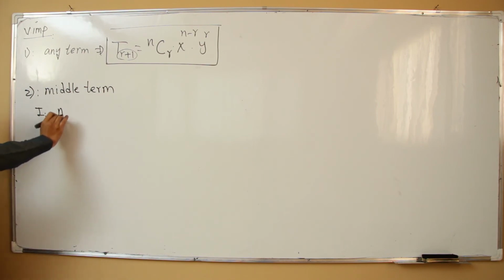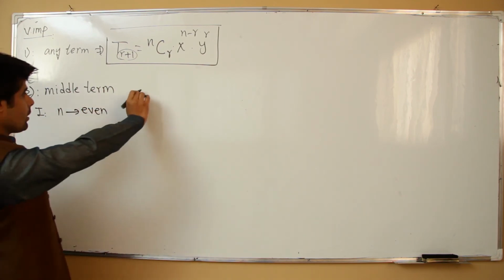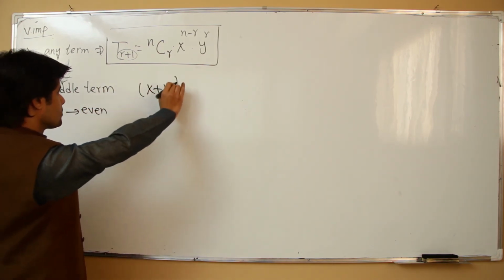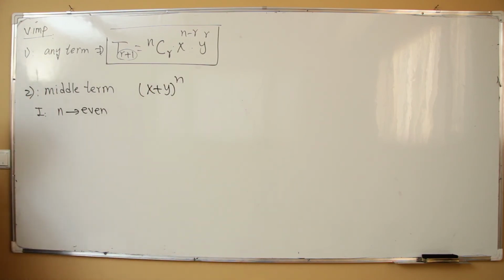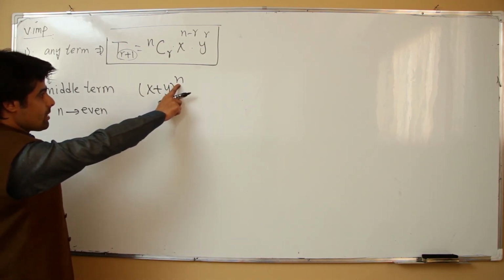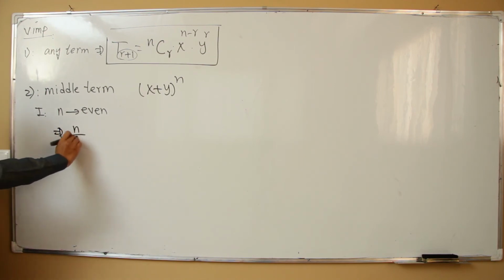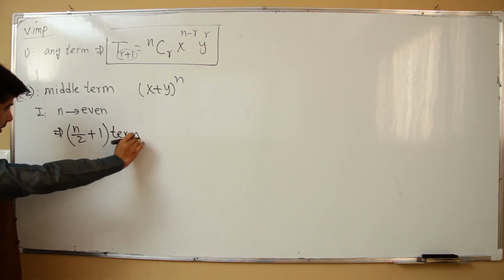First, if n is even, in the binomial x plus y raised to the power n, if you want to find the middle term, then what is the middle term in x plus y whenever n is even? The middle term is the (n divided by 2 plus 1)th term. This is the middle term.